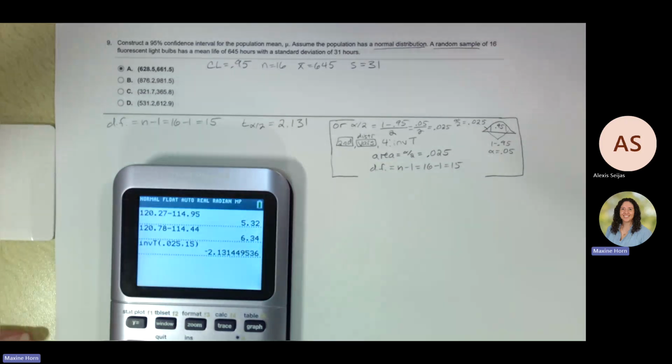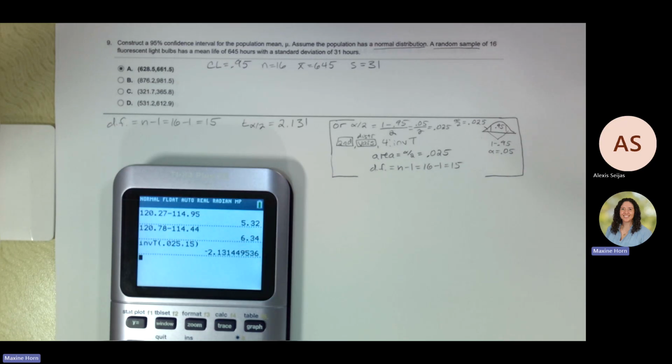One of the things that you learn as you go through the homework and the review assignments is getting a feel for when you want to use the calculator and when you want to just do it by hand. When is it going to be easier to do one than the other? If they just want you to give them the confidence interval, you're just plugging it into the calculator, and it saves you so much time.